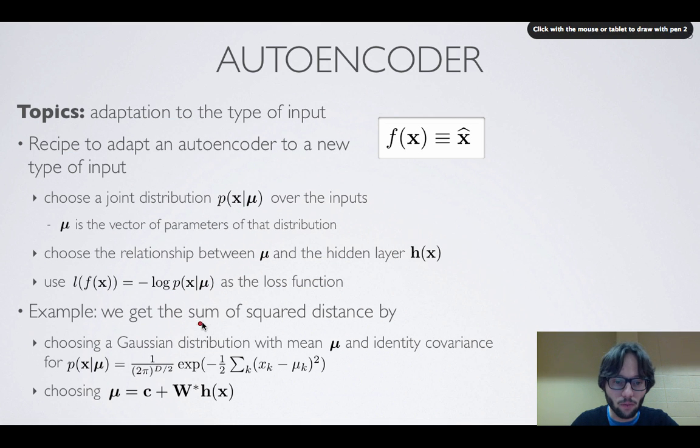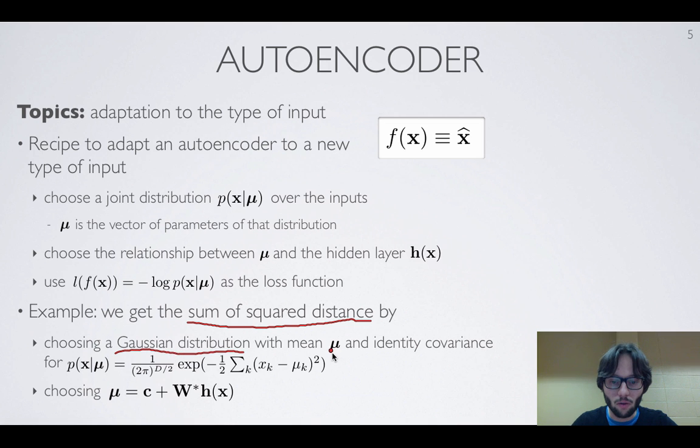In fact, we can recover the sum of squared differences if we use for p of x given mu a Gaussian distribution where the mean is mu and the covariance matrix is just the identity matrix. And then if we choose that mu is just a linear transformation of the latent representation h of x, then we recover what I described before as the loss function we'd be using for an autoencoder with real valued inputs.